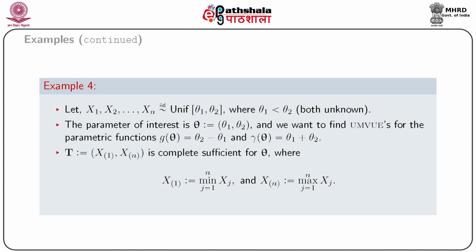The PDF of X ordered n is given by f(x ordered n) equals n into (x ordered n minus theta1) whole to the power n minus 1 divided by (theta2 minus theta1) to the power n, where theta1 is less than x ordered n less than theta2.